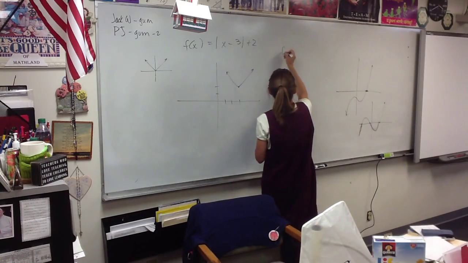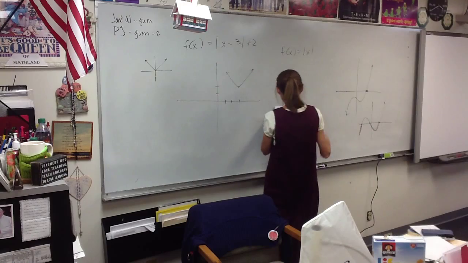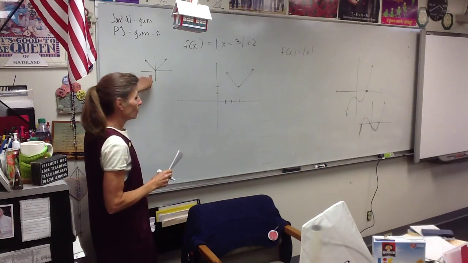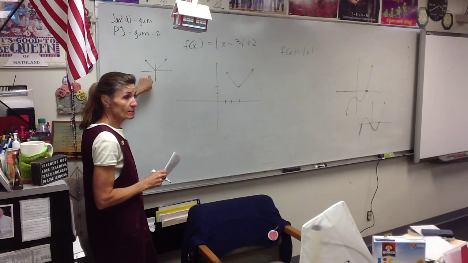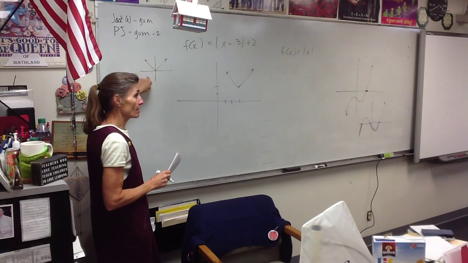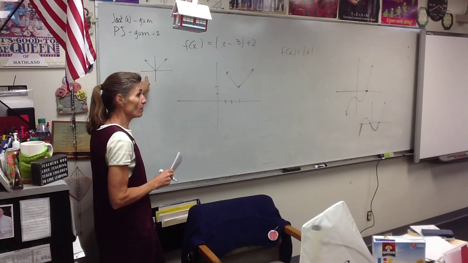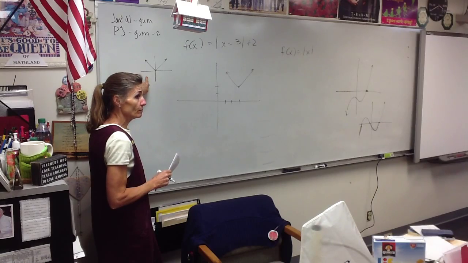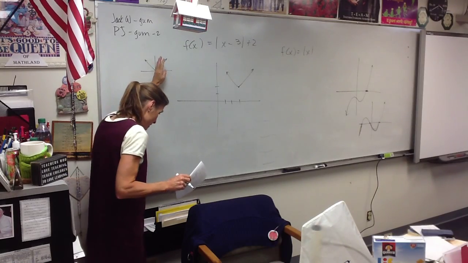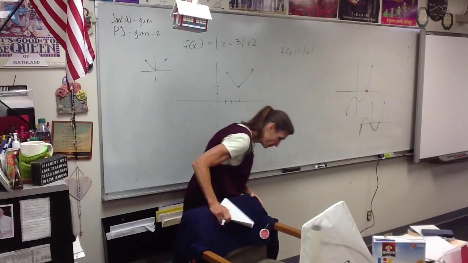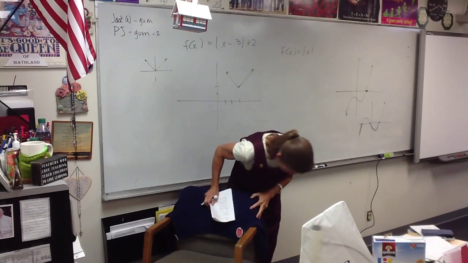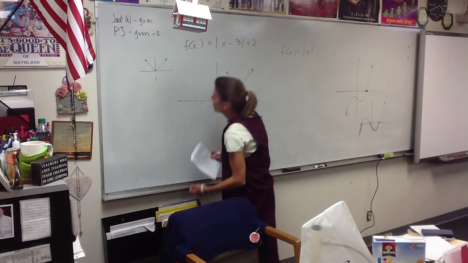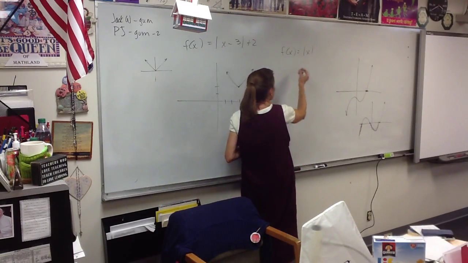Now, again, another question about absolute value. Is it even, odd, neither, why? Well, I graphed the original absolute value right here. This is what you have memorized, that shape right there. Even, odd, or neither, you ought to be able to tell by looking at it. It's even. How do we know? Symmetric about the y-axis. If you want to check it algebraically, remember how we check it algebraically?